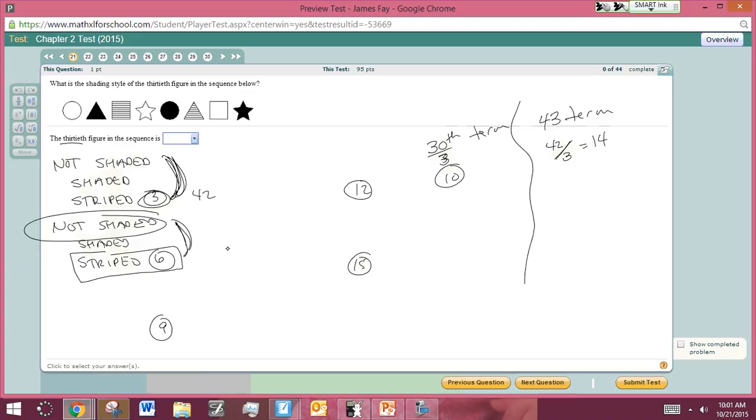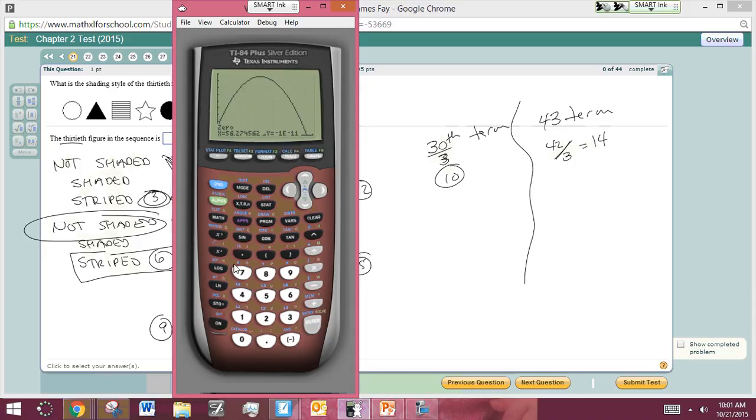An alternative way of doing this is to use your calculator. Whatever term we have, say I want the 43rd term, I'll divide that by 3, because that's how many things are in my pattern. Hit enter, and that gives me the quotient. I'll subtract the 14, and the 0.3333 tells me that I am a third of the way into the next cycle.